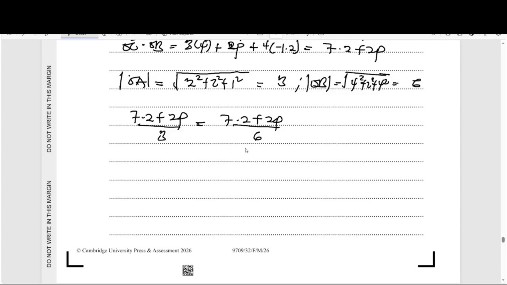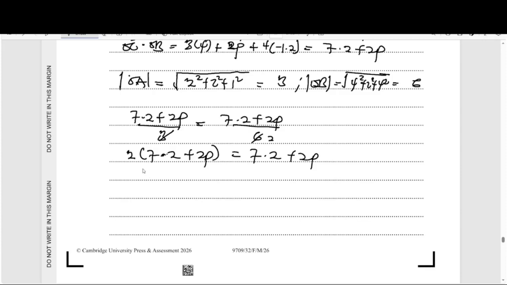Now we can solve this, right? We can multiply through by 3 so that this will be cancelled and this will become 2, right? Then we cross multiply. So 2 times 7.2 plus 2p should be equal to 7.2 plus 2p.